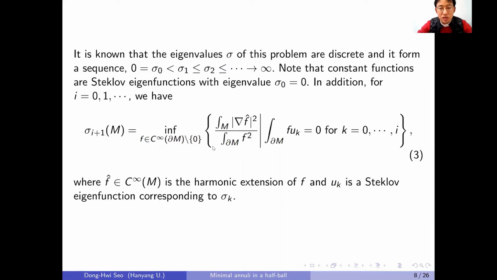And the Rayleigh quotient is the square of the L2 norm of the gradient of the harmonic extension of f, normalized by the square of the L2 norm of the function on the boundary.